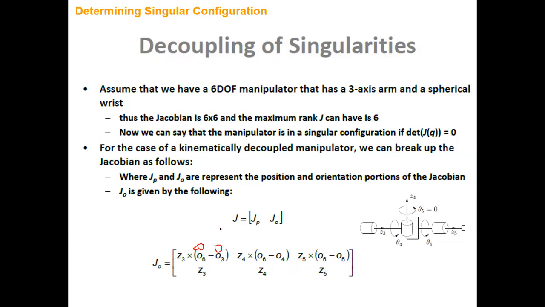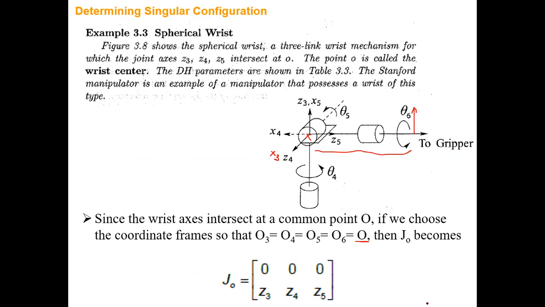O minus O is 0. Then you get 0, 0, 0 everywhere. That's why your entire top part is 0. Okay, thank you very much.